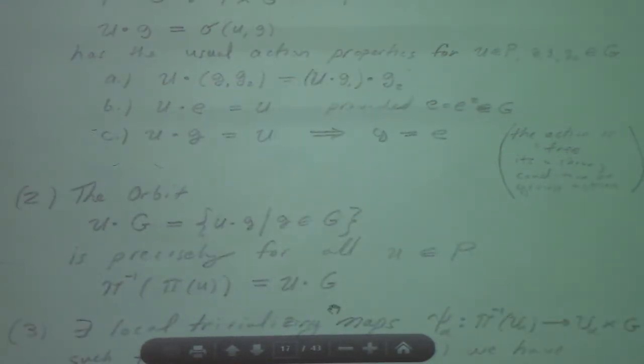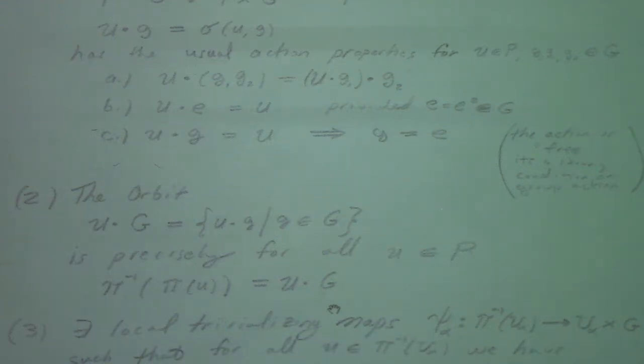Let's see here, what's this saying? I think the way I understand that is that if you take a point in the total space, in the fiber over x, where is u actually? u is in the total space, let's say.